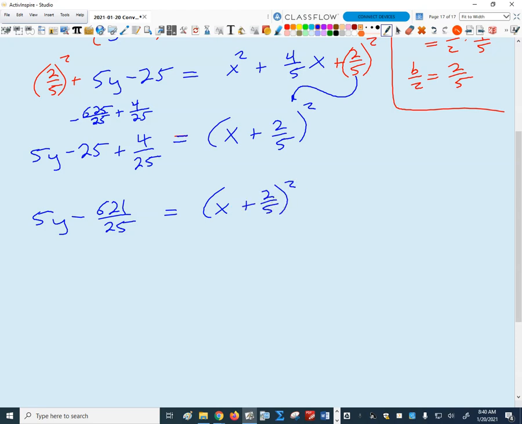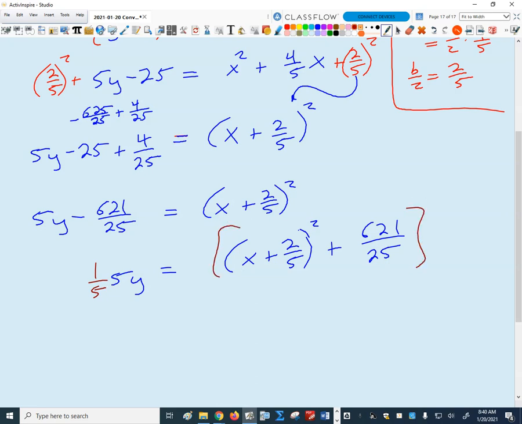So I'm going to add this fraction to both sides, which gives me 5y equals x plus 2/5 squared plus 621/25. And then finally, I'm going to divide by 5, but as we're going to have to distribute anyway, let's just think of that as multiplying the right side by 1/5, right?